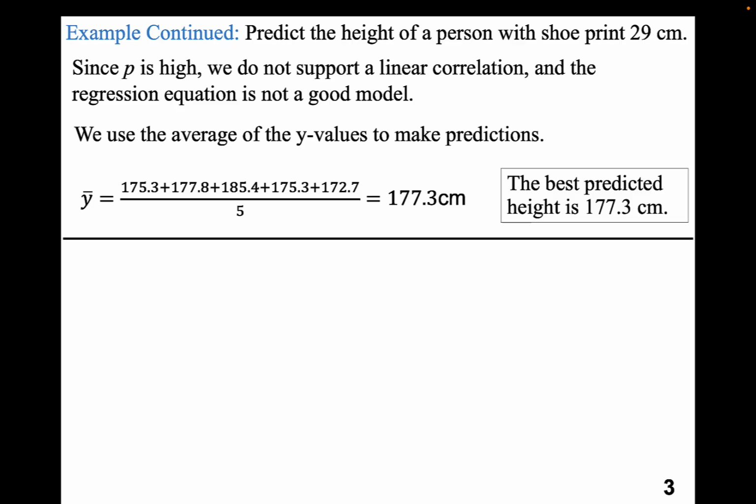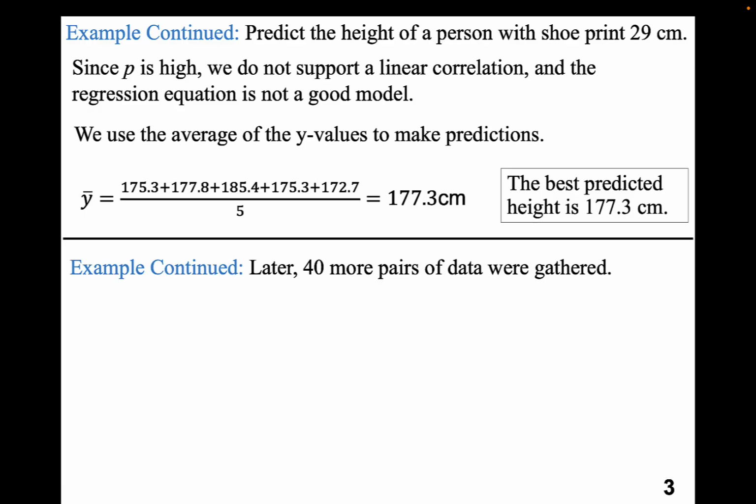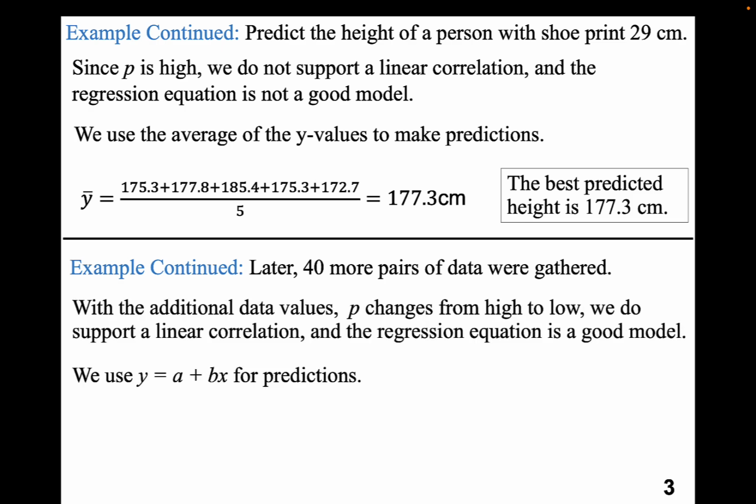Okay, but let's say we are like, no, I really think there is a correlation between shoe print length and height. Maybe we should sample more. What if later we go and look at 40 more pairs of data that we gather? So 40 more males, we measure their shoe print length and their height. With the addition of all that data, the p-value ends up changing on us from high to low. What happens when the p-value is high?